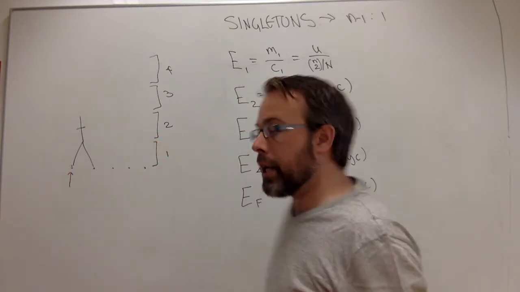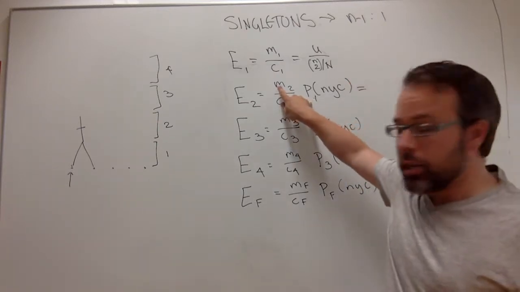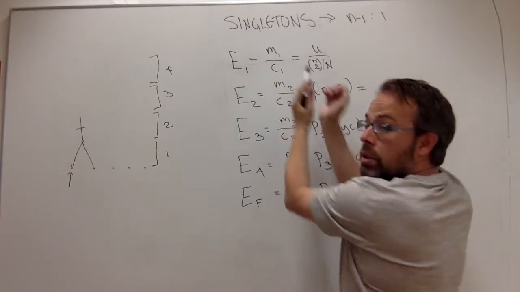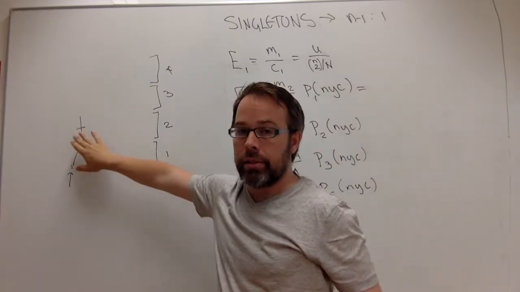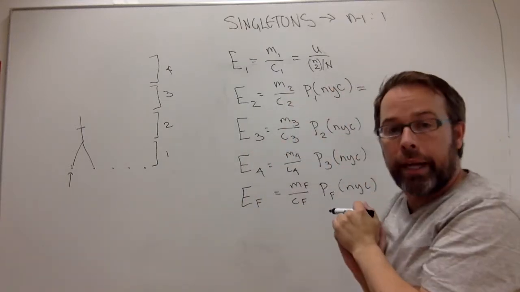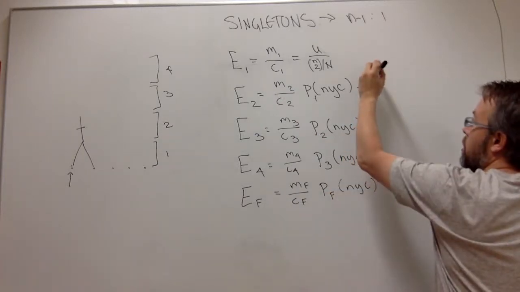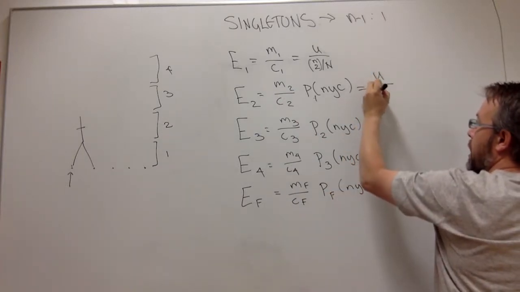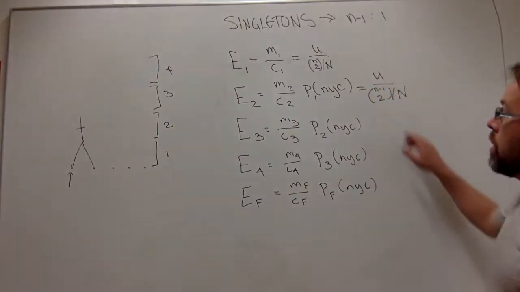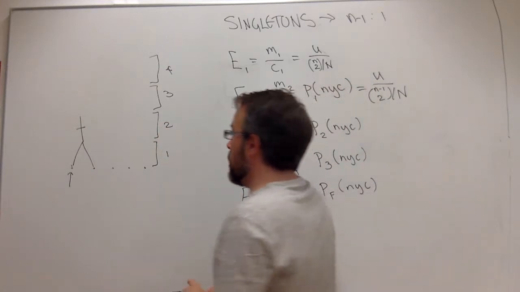Now let's go to our second interval. Given that this lineage hasn't coalesced, how many mutations occur? And then, what's the probability it hasn't coalesced? The mutation part is still fairly straightforward: it's U divided by n minus 1, because now we only have n minus 1 lineages, since one of them has coalesced.